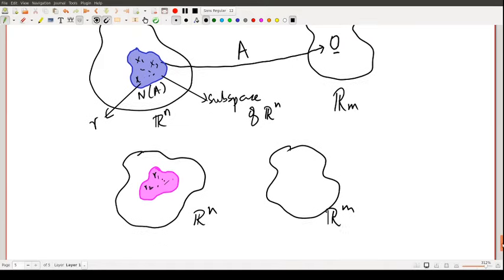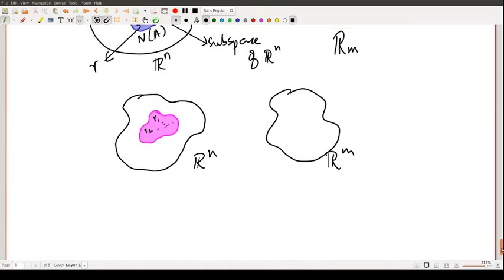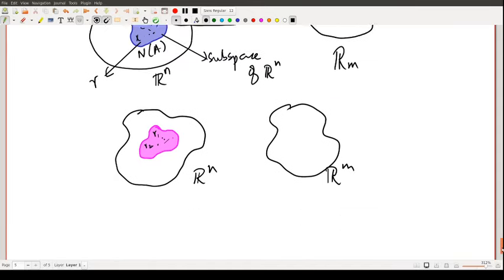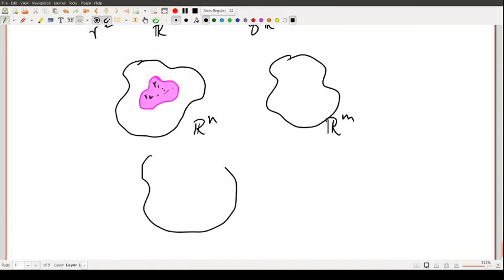The correct picture is something like this. If the dimensions of both of them combined form the dimension of the entire space, what you actually have is something like this, where part of the space forms the null space. This is the null space of A, and when you combine the row space to it, you get an n-dimensional space.